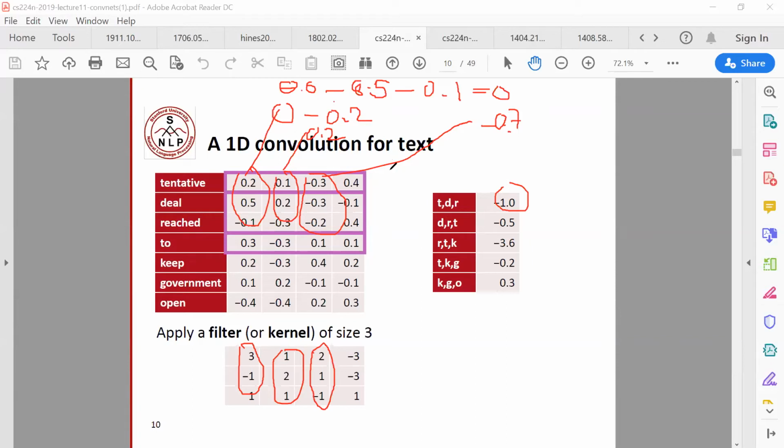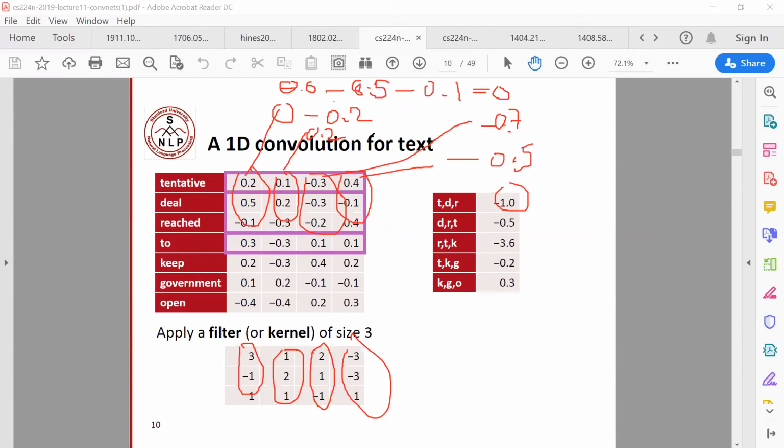Yeah, and then finally the fourth number. These 3 numbers multiplied by these 3 numbers, right? And so that's minus 1.2 plus 0.3. So that's minus 0.9. Plus 0.4, that's minus 0.5.